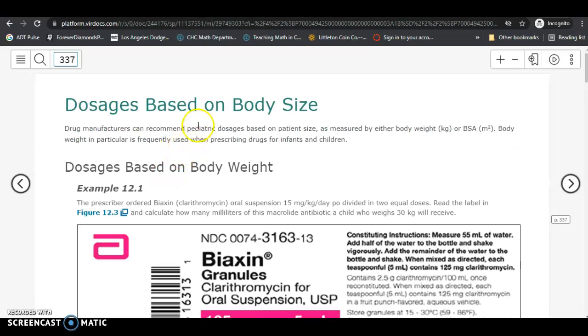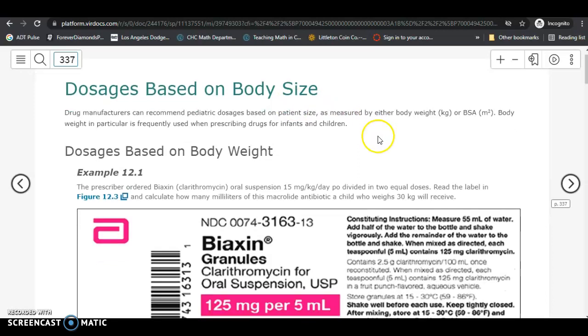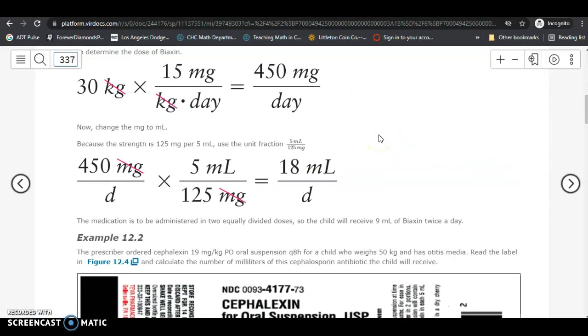All right, so oral medications and dosages based on the child's body size. So we're going to look at example 12.2.